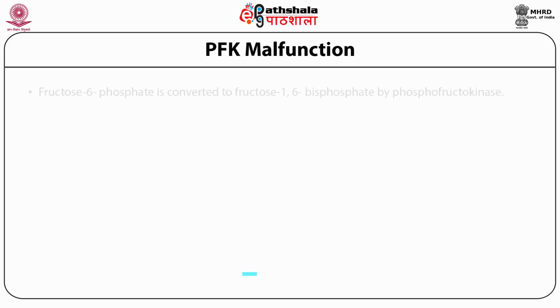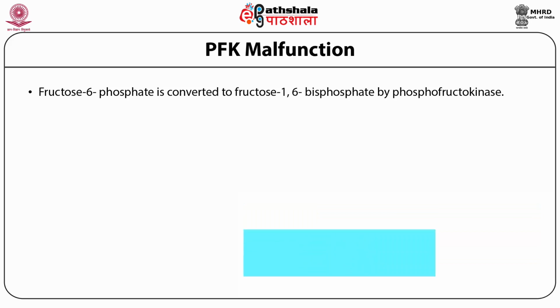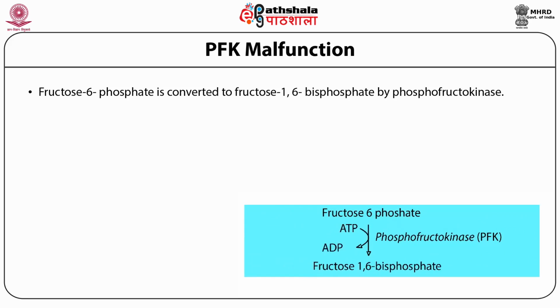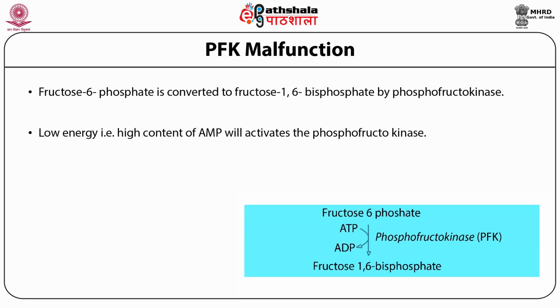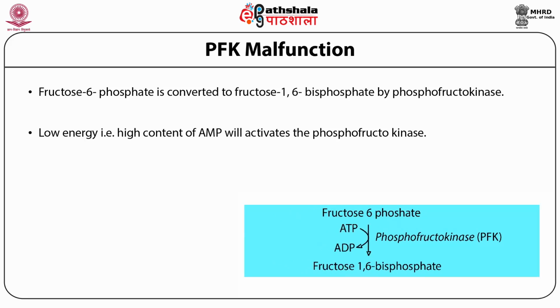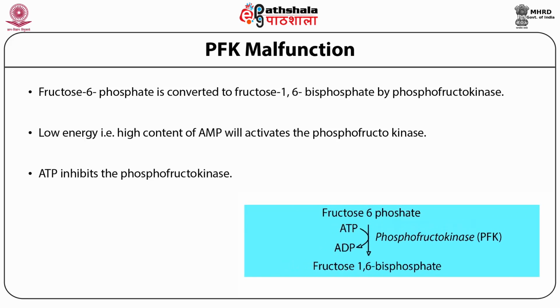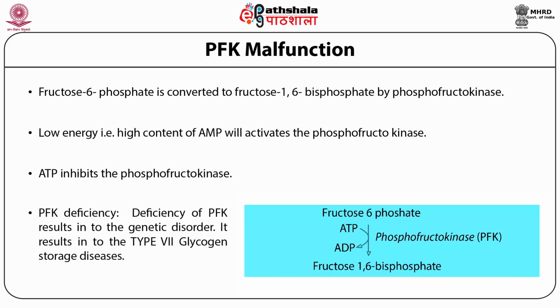Phosphofructokinase malfunction. Fructose 6-phosphate is converted to fructose 1,6-bisphosphate by phosphofructokinase. Low energy, that is high content of AMP, will activate phosphofructokinase. ATP inhibits phosphofructokinase.